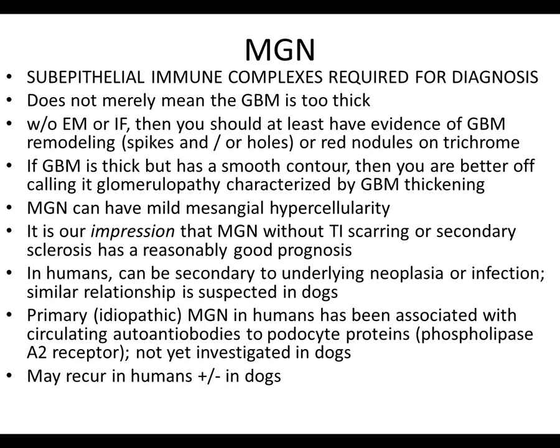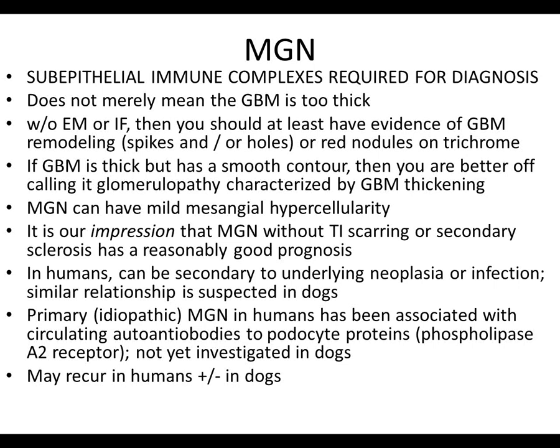And almost always they're located between the glomerular basement membrane and the podocyte, like we saw in this case. The fact that they are on the outside of the capillary loop, away from the capillary lumen, means that if they activate the complement system, they're not going to attract inflammatory cells.